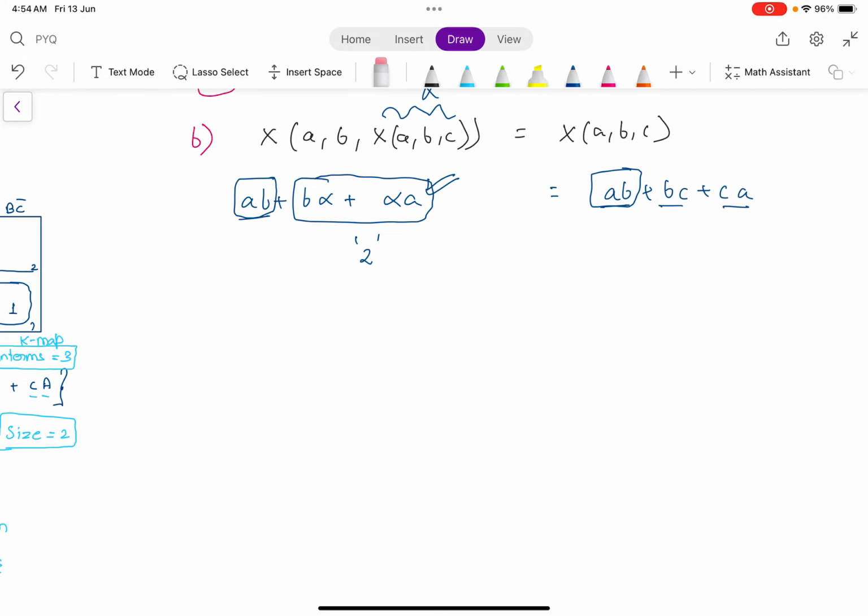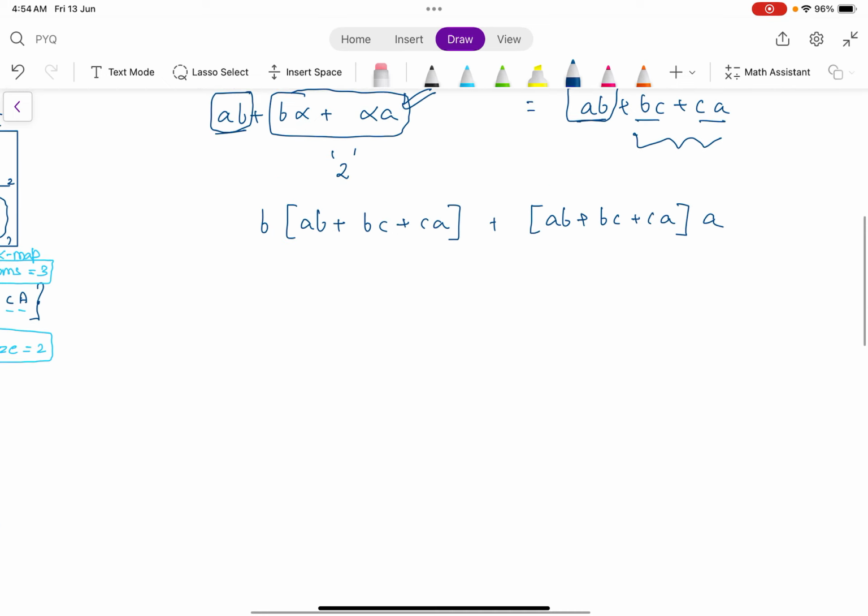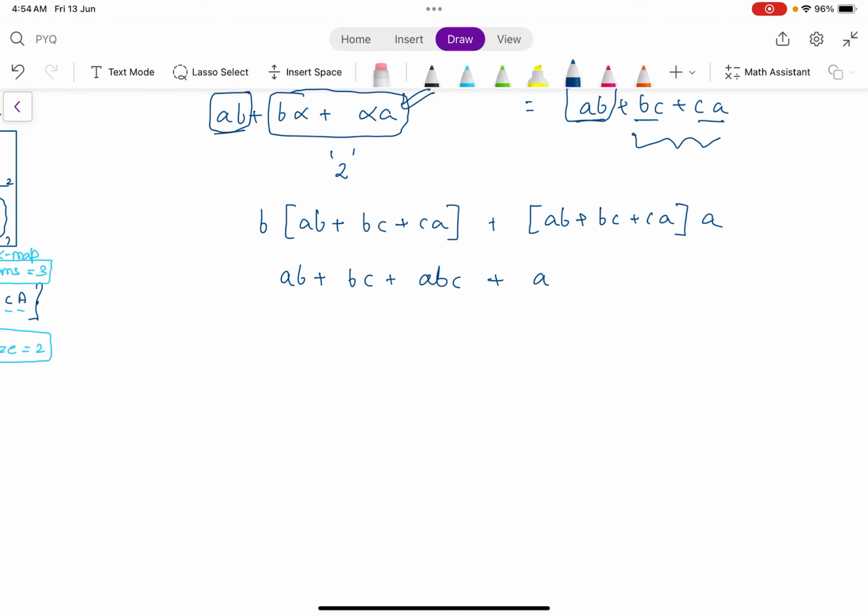So let's analyze that. Will it be with the remaining part? While writing the alpha value as AB, BC, CA, and again AB, BC, CA, multiplying by B, it comes out to be AB, BC, ABC, similarly AB, ABC, CA.